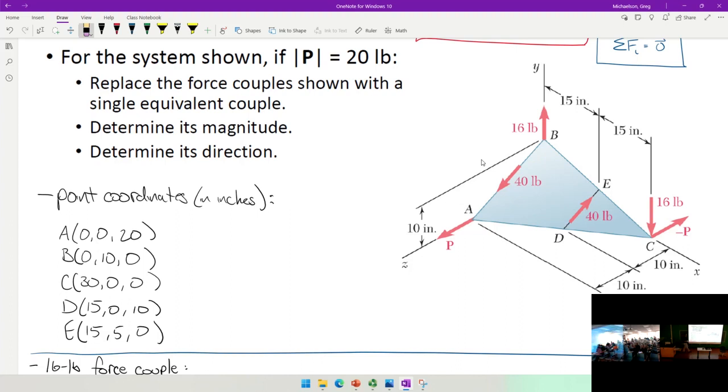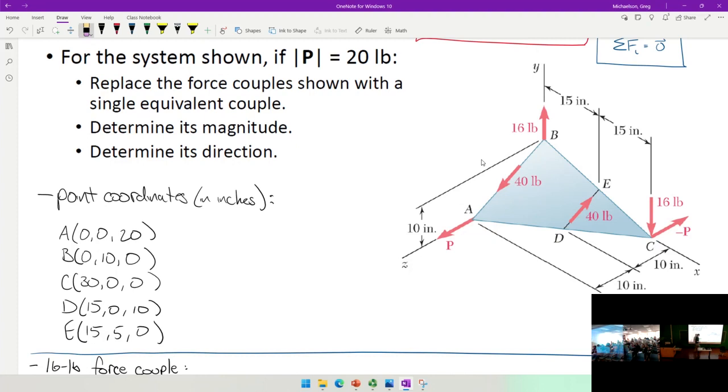So first off, about what axis is that 20-pound force couple causing rotation? The Y, right? Here's the prism or the box. We're pushing like this, and it's rotating about that Y-axis. So our vector is going to be some pile of junk times J, right? Second question, does our rotation follow the right-hand rule? Yes, right?